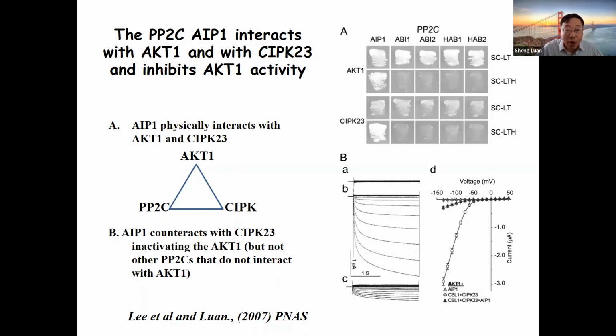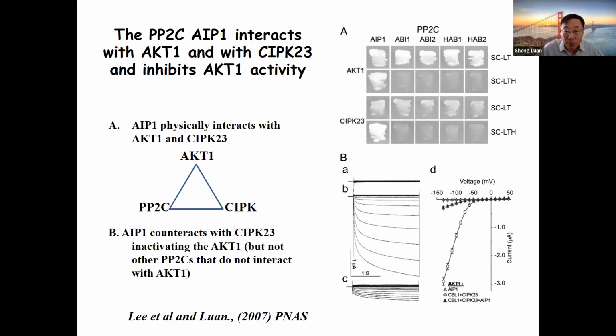So AKT1 activity depends on how PP2C and CIPK are activated. In other words, the ratio of negative regulator versus active regulator determines the activity of AKT1.